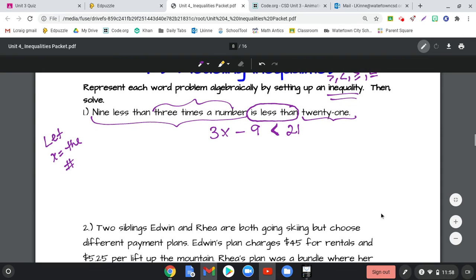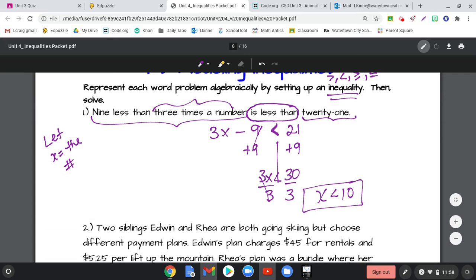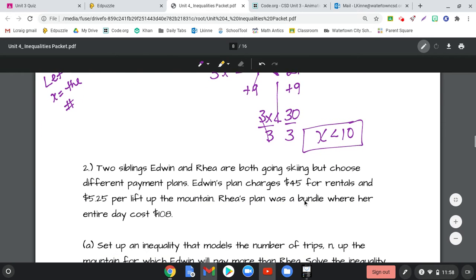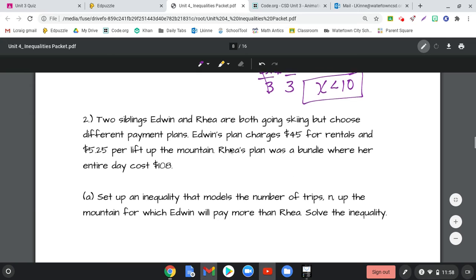There's your inequality. We'll solve it. So 3x is less than 30, and then divide by 3. x is less than 10. All right. 1 down, 4 more to go.